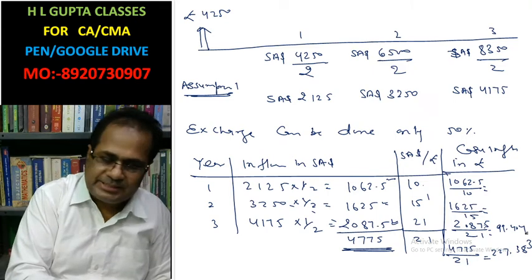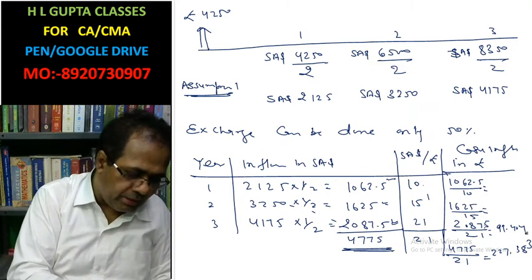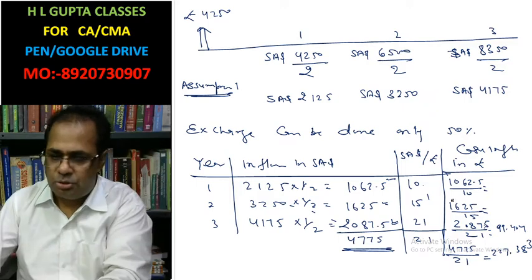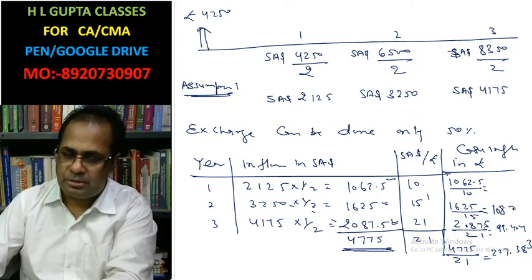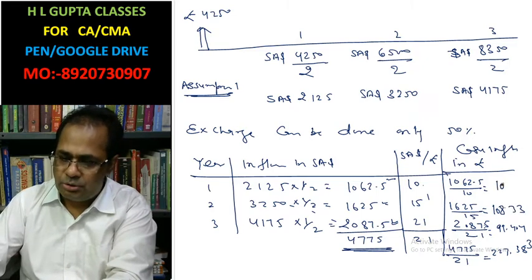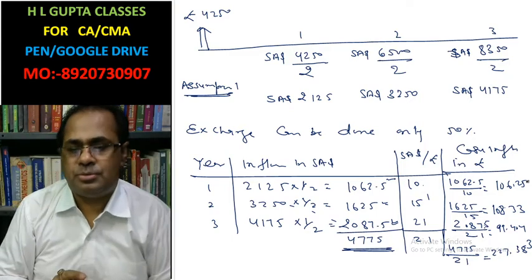Now 1625 divided by 15, you have 108.33. Now 106.25. This is your cash inflow in pounds.